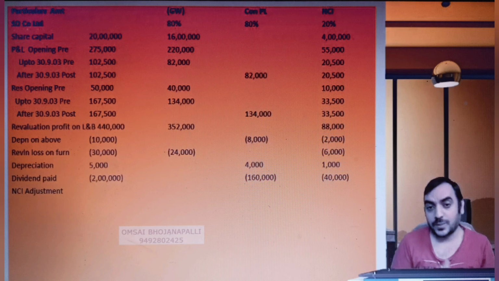The following are the summarized balance sheets of PD Limited and SD Limited. Authorized, issued, subscribed, equity shares, revenue reserve, P&L, creditors, bills payable. Land and building, machinery, furniture, investments, stock, debtors, bill receivable, bank. PD Limited acquired 80% of the shares of SD Limited at a cost of 16,10,000.